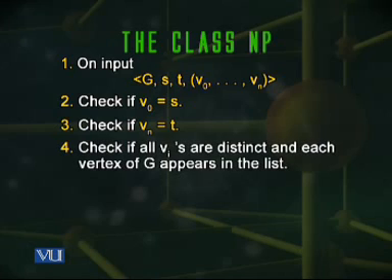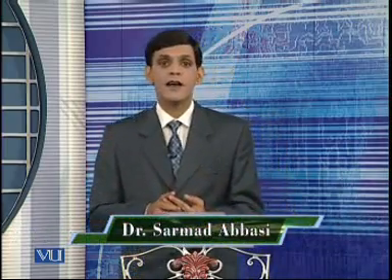Then we will have to check if all the Vis that appear in this list are distinct and each one of them is a vertex that appears in the graph G. So what we'll have to do is go through this list of vertices which is given to us and make sure that they are all distinct, that none of them is repeated. We can do that easily in polynomial time. All we have to do is match if two vertices are the same.